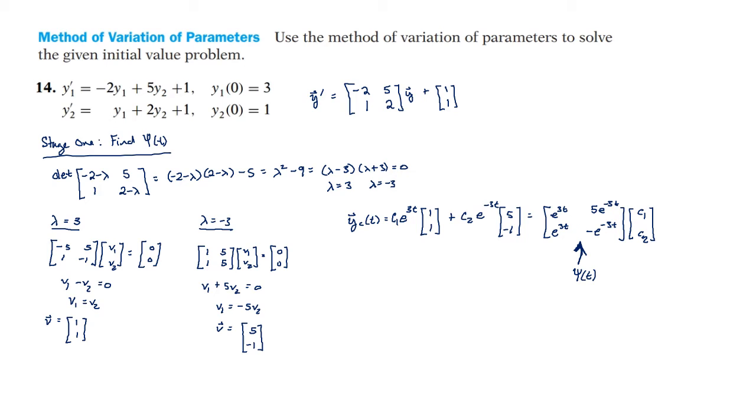It's equal to -6, so yes, that is a fundamental set of solutions. So now we've come up with psi of t equal to this matrix that has e to the 3t and e to the 3t for the first column, and 5e to the -3t and minus e to the -3t as the second column.